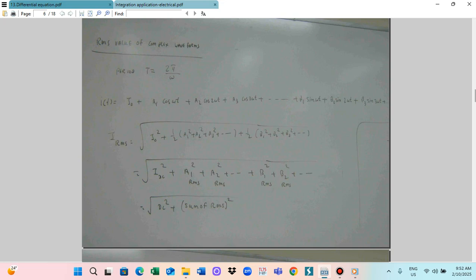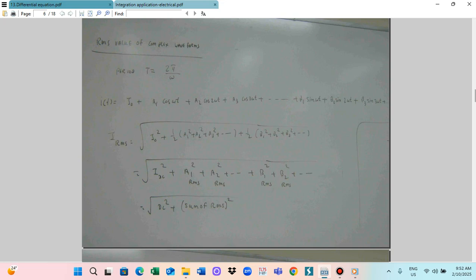So the equation is the sum of the squares of the RMS of each wave component, plus the DC. So this is the equation to calculate the RMS value with harmonics.